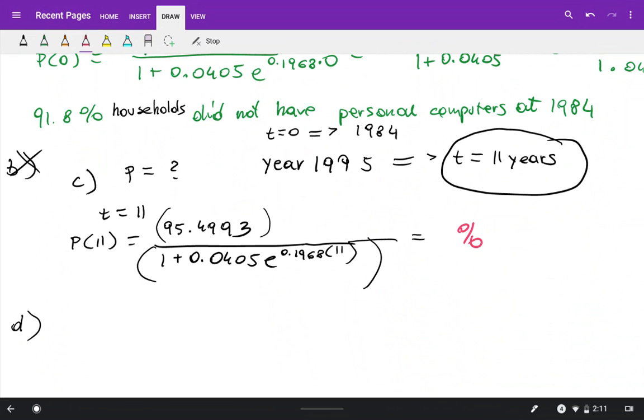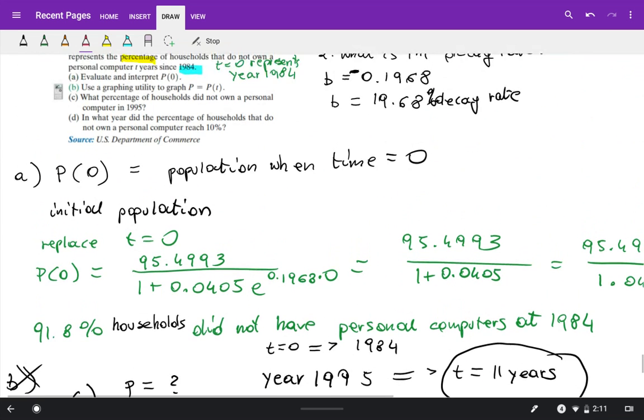Do your work, guys, and you will end up that the solution of C is 70.6%. We're talking about 1995. Still, people really don't own a computer at home. Not too many of them. So sorry, guys. I was just reading too fast.